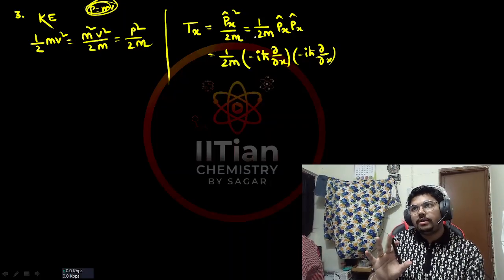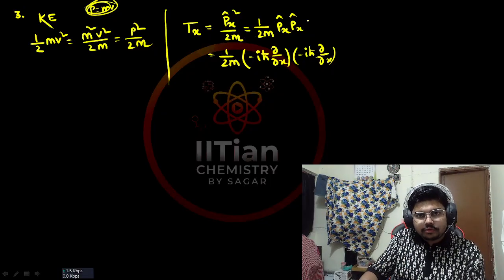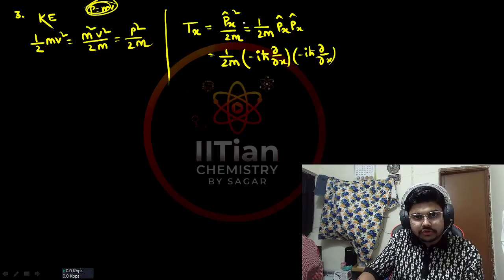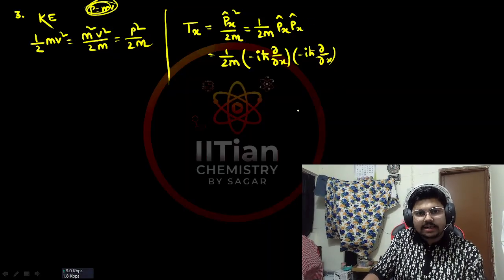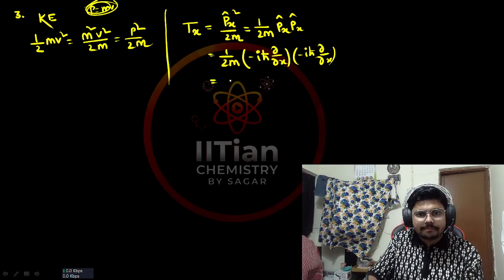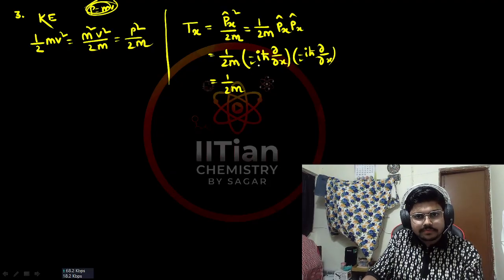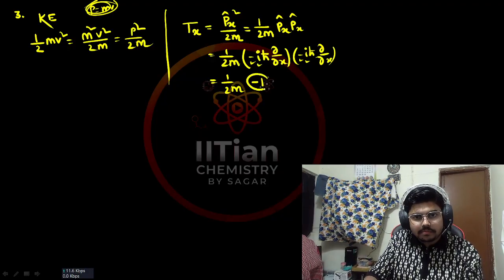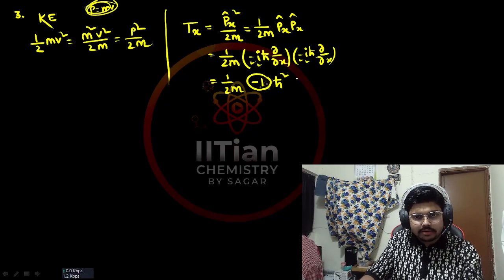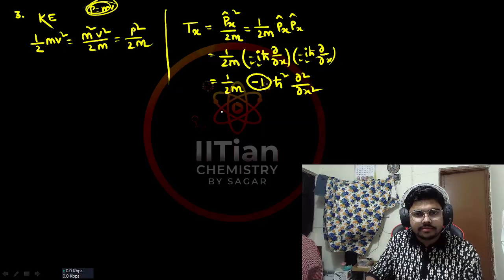Actually, to be theoretically honest, we have to write T psi equals this psi, then at the end we have to cancel out psi. But I am just getting to the final formula. So 1 by 2m. Now multiply minus into minus, that will be plus. i into i is i square, which means minus 1. h cross into h cross is h cross square, and del 2 del x2, right?